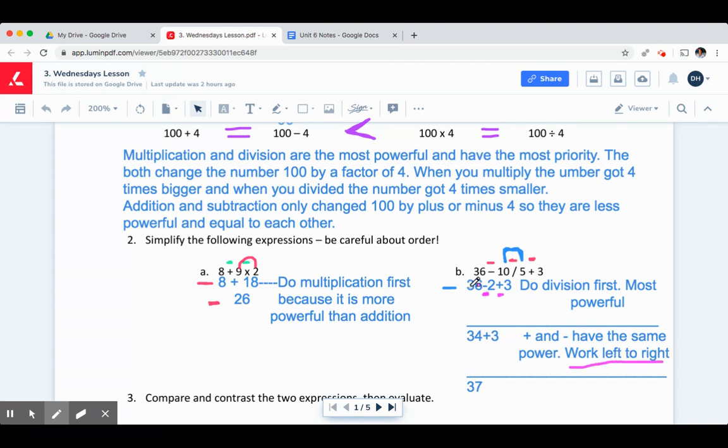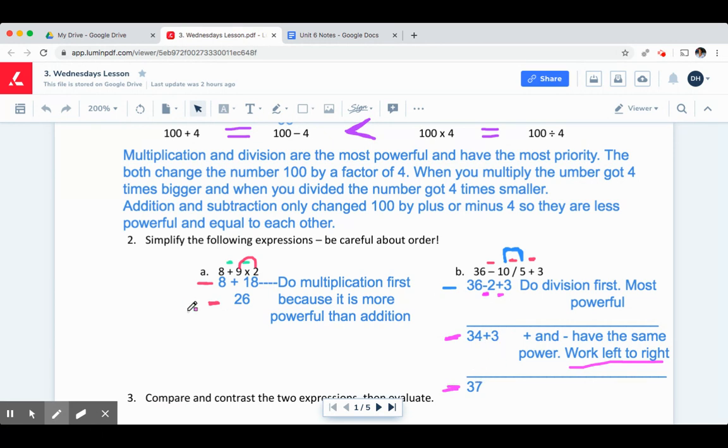So I should solve this starting at the left and work my way over to the right. 36 minus 2 gets me 34. So I rewrite my expression 34 plus 3. And the last line of my work should have my final answer. 34 plus 3 is 37.